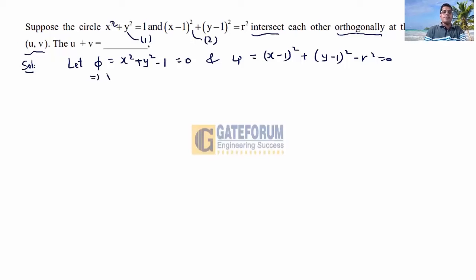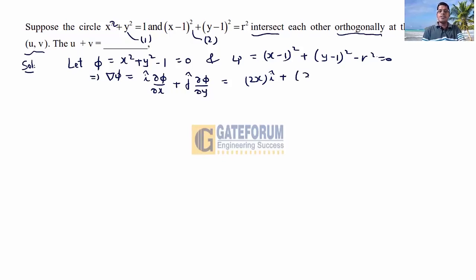So del phi, these are two variables, is i cap dou phi by dou x plus j cap dou phi by dou y. Derivative of x square partially with respect to x is 2x. Similarly, y square gives 2y with respect to y. So 2x i cap plus 2y j cap.